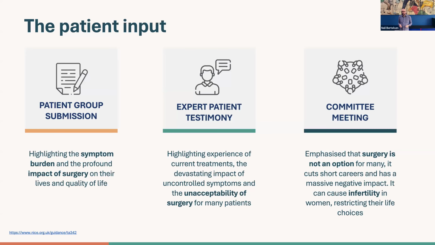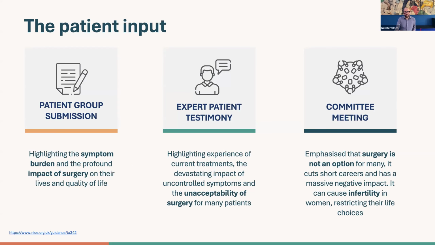And then when this all came to the committee meeting, the patient stakeholders there, which included the patient expert and the patient group, really kept emphasizing that for many people, surgery is not an option. Especially for women, it can cause infertility. So for many people in society, they are not going to go for the surgical option.